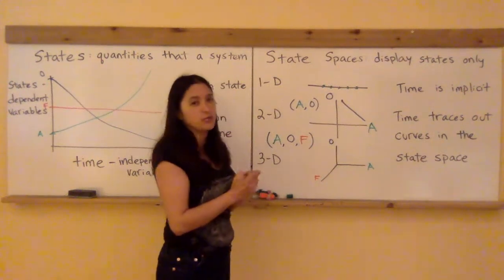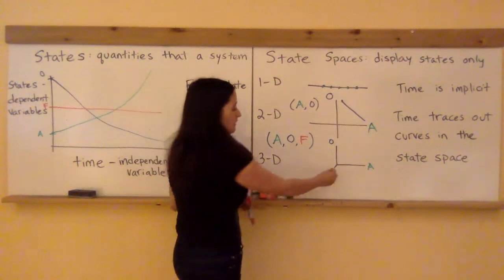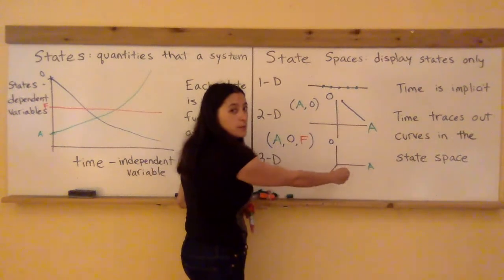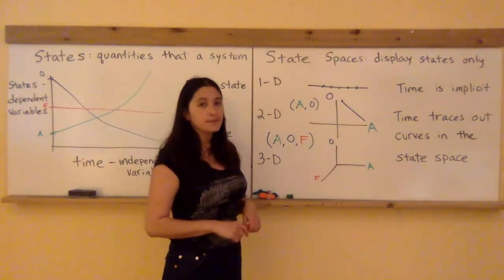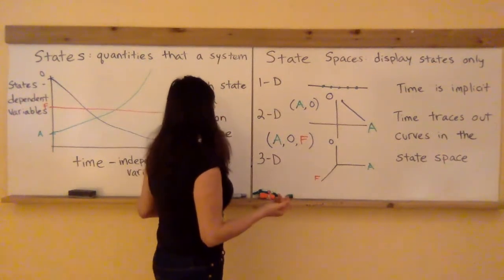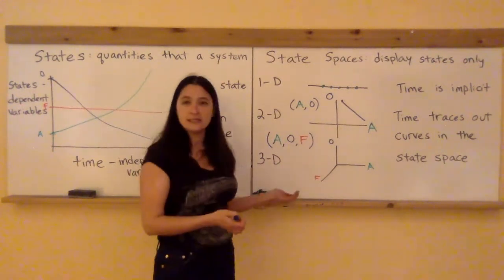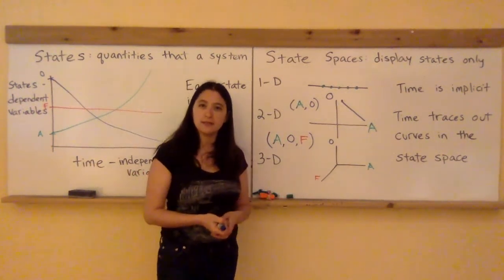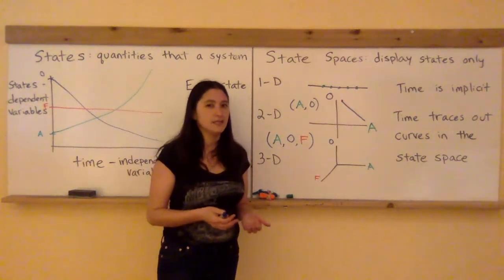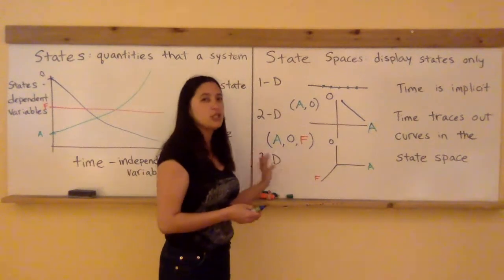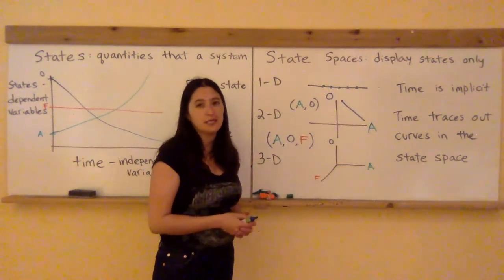If I actually wanted to represent it in 3 dimensions, the f-axis would really be perpendicular to the board, coming right out of the board. Okay? Let's again see how the curve would play out in the state space, keeping in mind that time is always there. It's just not explicitly written in. It's kind of implicitly allowing us to trace out curves in this space.